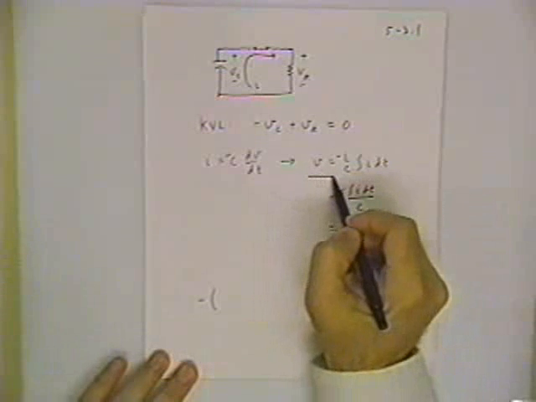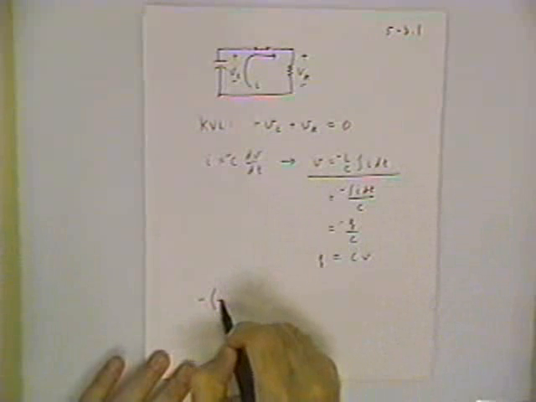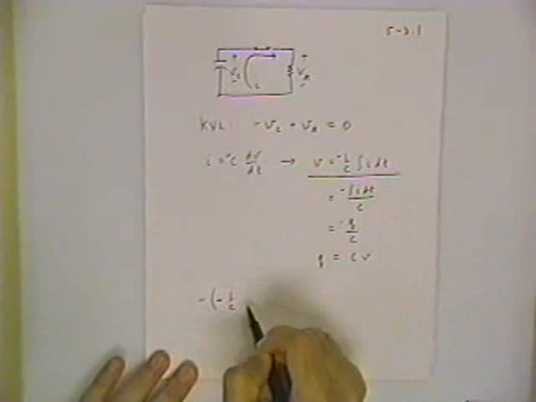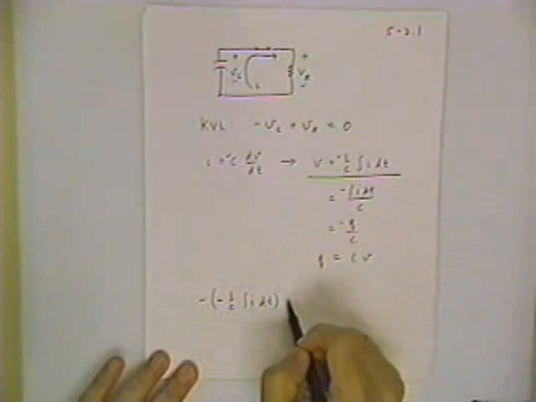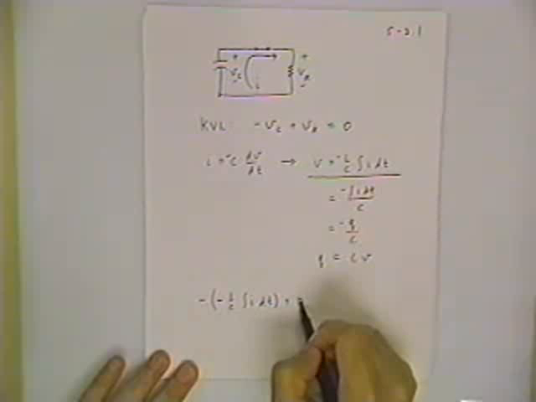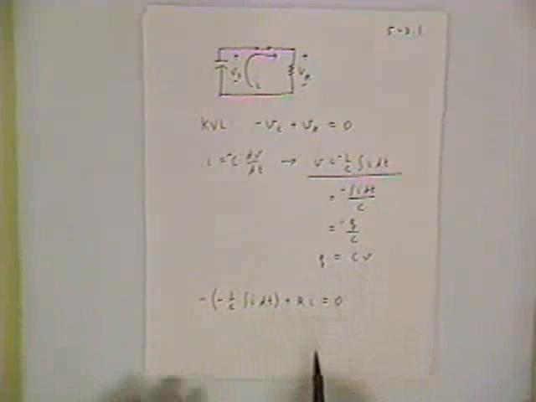And so for purposes of substituting into our equation, this is what I need for the voltage expression for the capacitor, and there's the crucial minus sign. For the resistor, it's much easier, just Ohm's law, V sub R is equal to R times I.